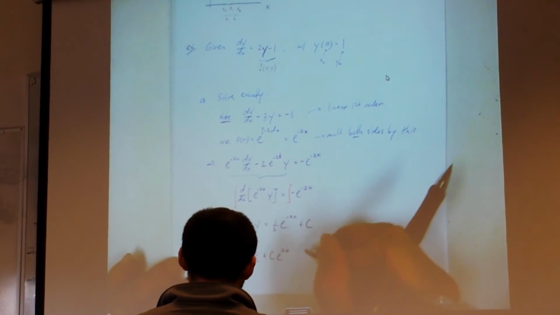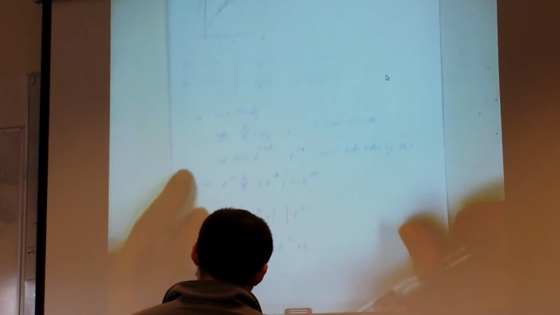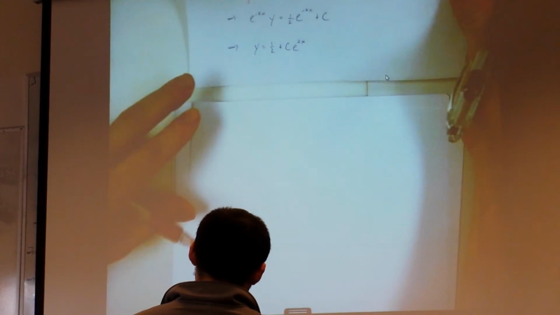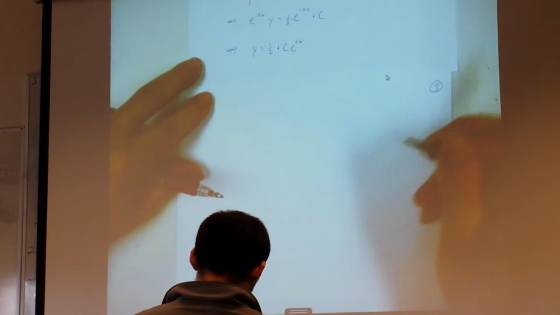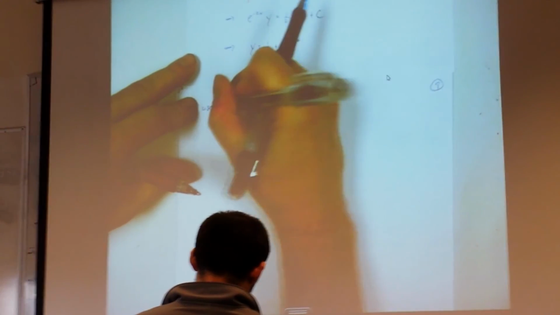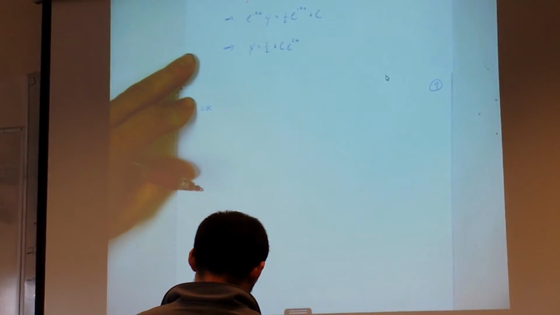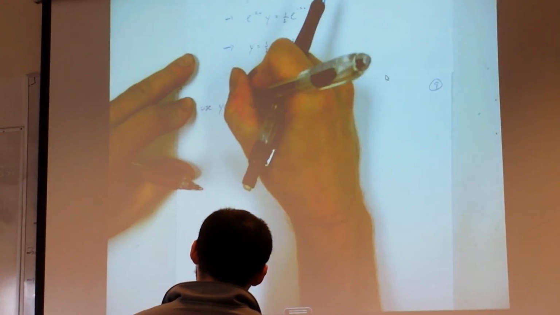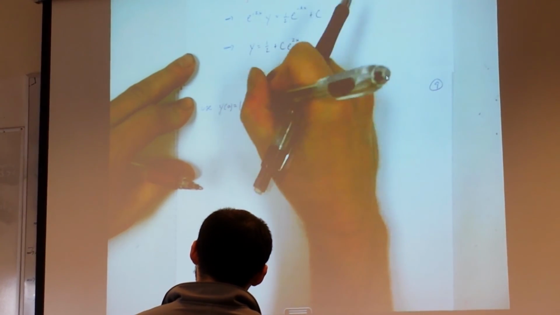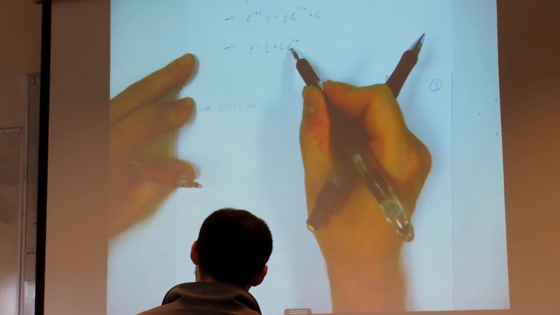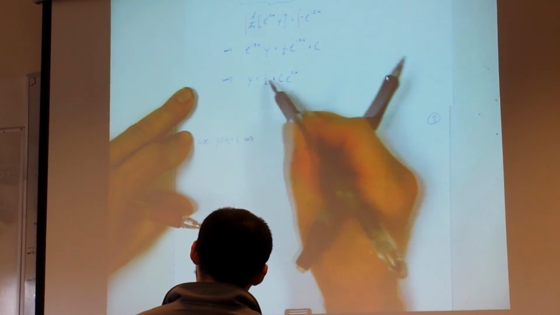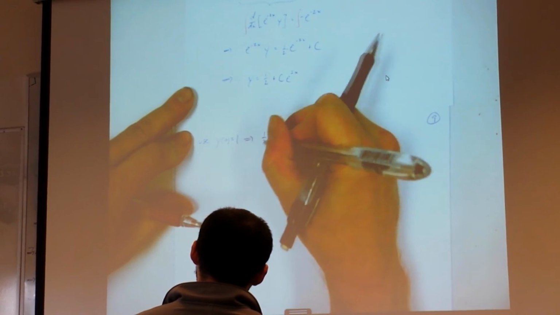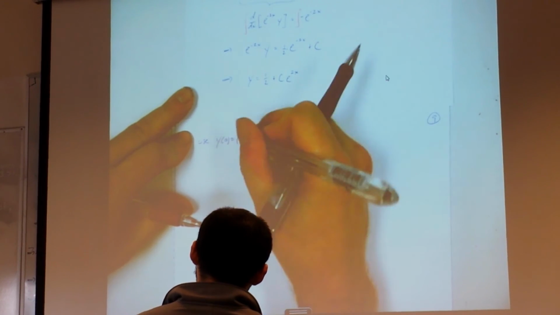Okay. Now we could use the initial condition. The initial condition was y(0) equals 1. So put in 0 for x. e to the 0 is 1. I get 1/2 plus c, which must equal 1.